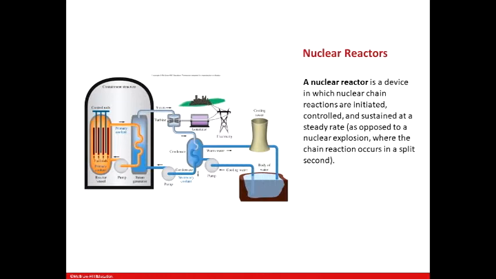This is what a nuclear reactor looks like. Now, there are a couple of differences between a fossil fuel plant and a nuclear plant, and let's talk about those. In a fossil fuel plant, you do not have this huge concrete building around it. This is a containment building.